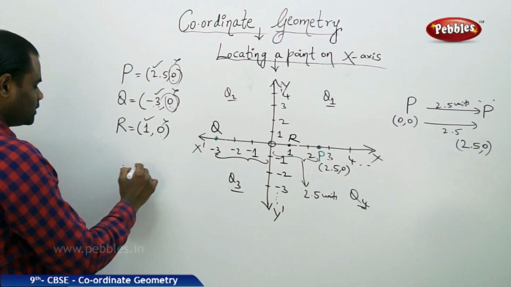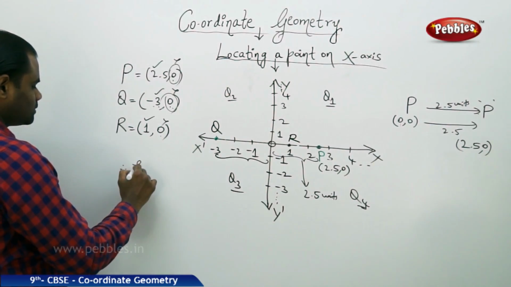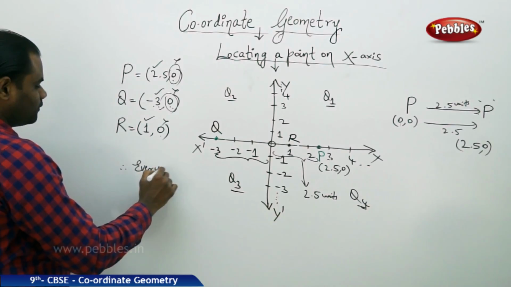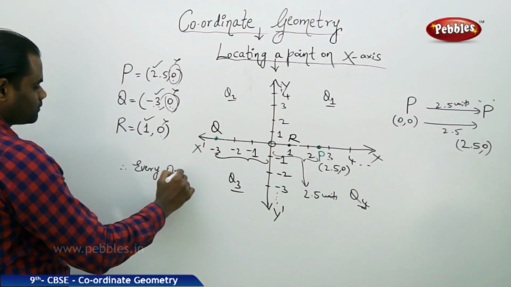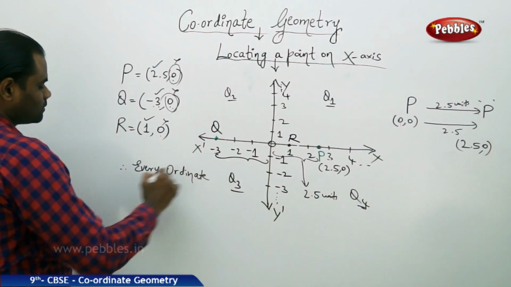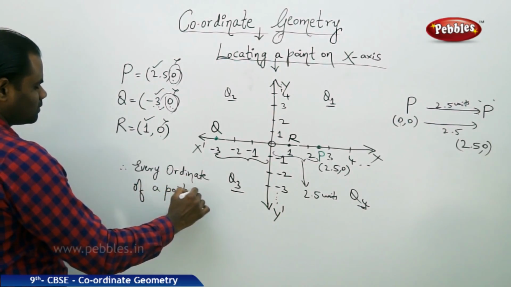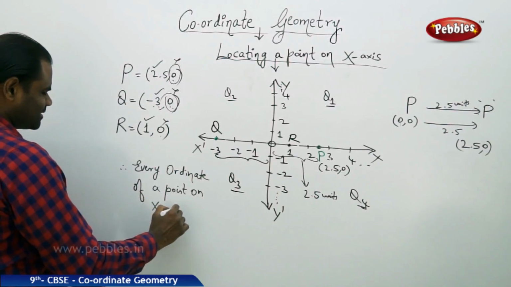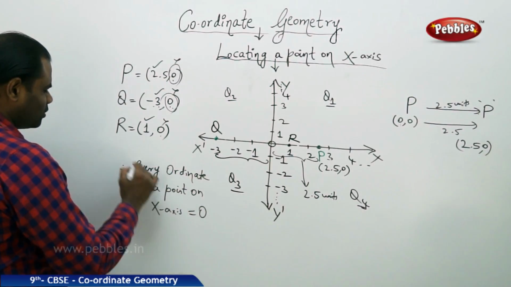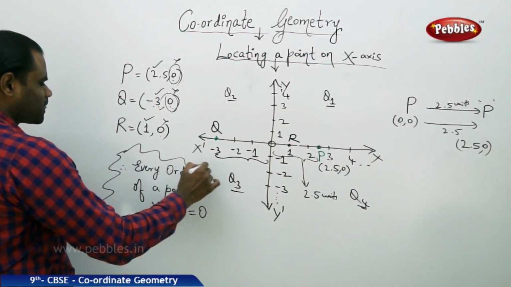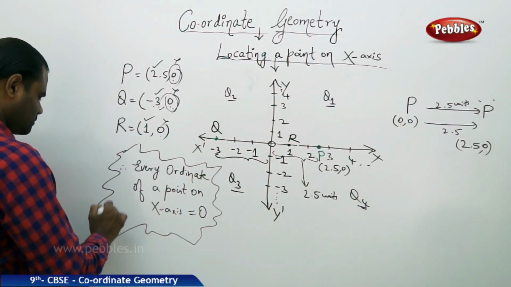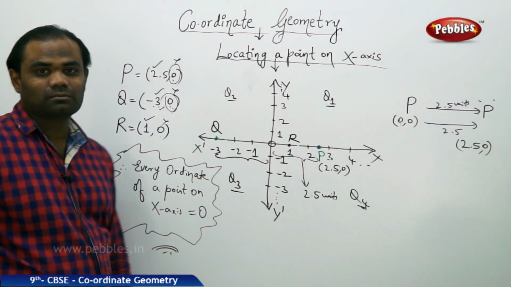Therefore, my note is: every ordinate of a point on the x-axis is always zero.